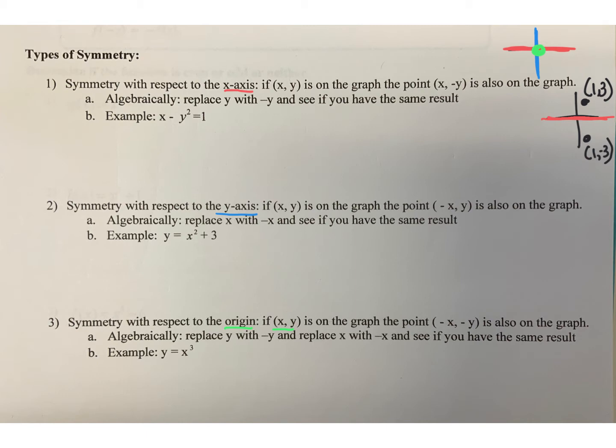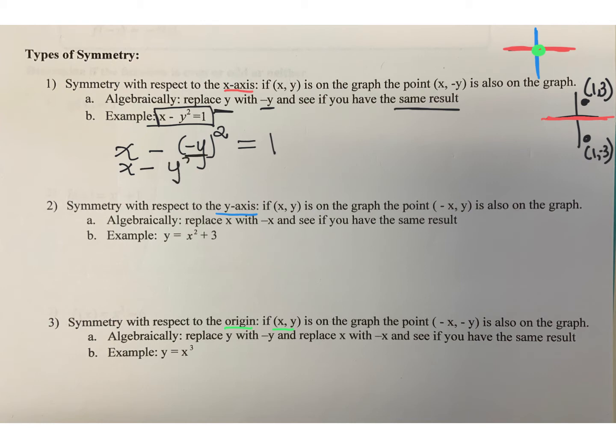So algebraically, what we do is we're going to replace y with a negative y and see if we get the same result, meaning I get the same thing I started with. So here's what I'm starting with. I'm going to take what I have, x minus, instead of putting a y, I'm going to put a negative y because it says replace the y's with negative y's, and square it equals 1. So then we just do some algebra. x minus, in parentheses here, this negative y squared becomes a positive.